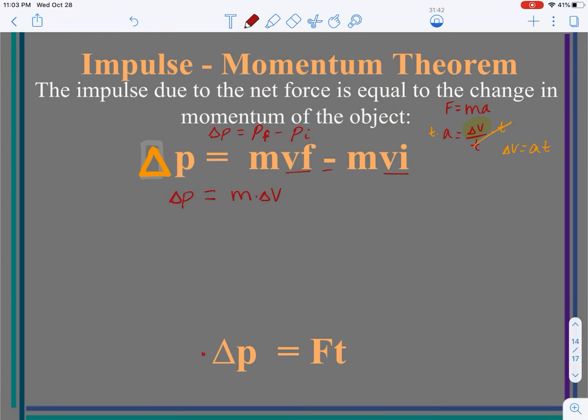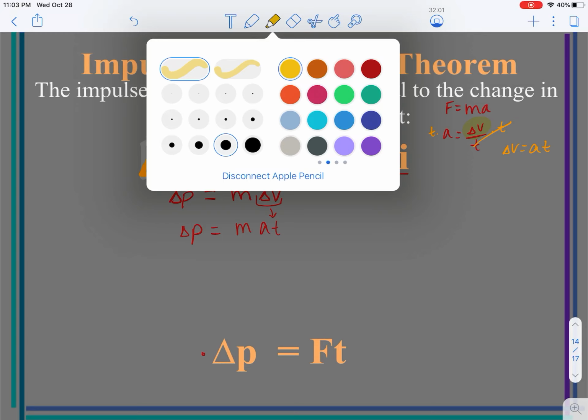So now let's go back and plug that into our formula. I'm going to take this delta v and replace it with acceleration times time. So that makes my equation that my impulse, or my change in momentum, is mass times acceleration times time.